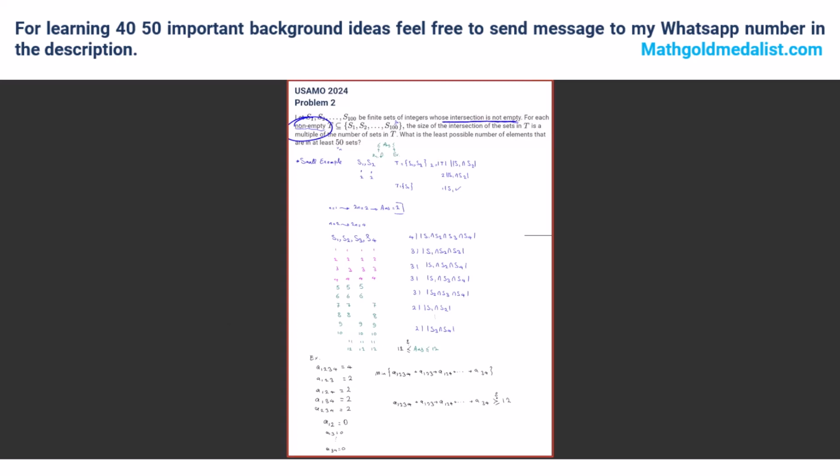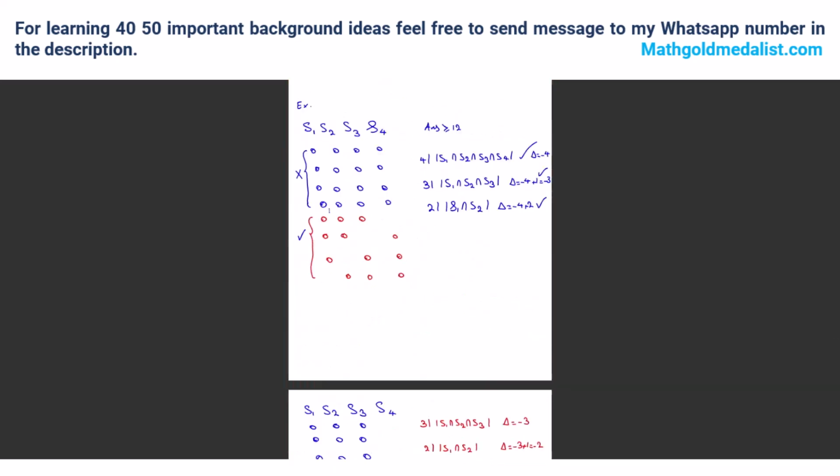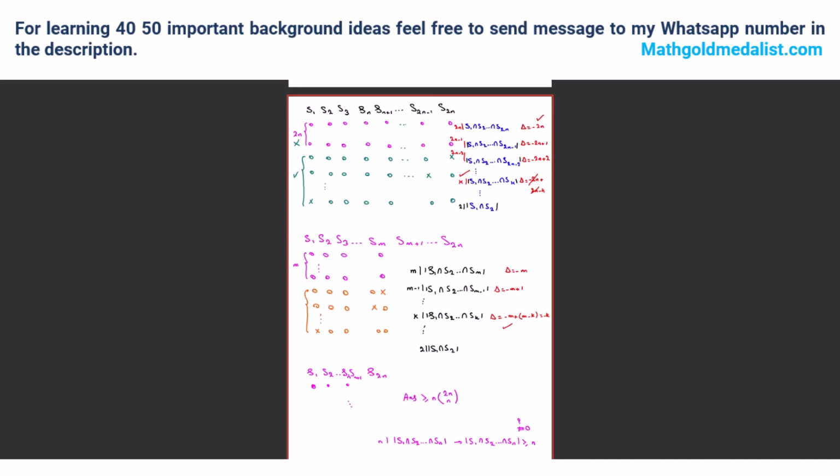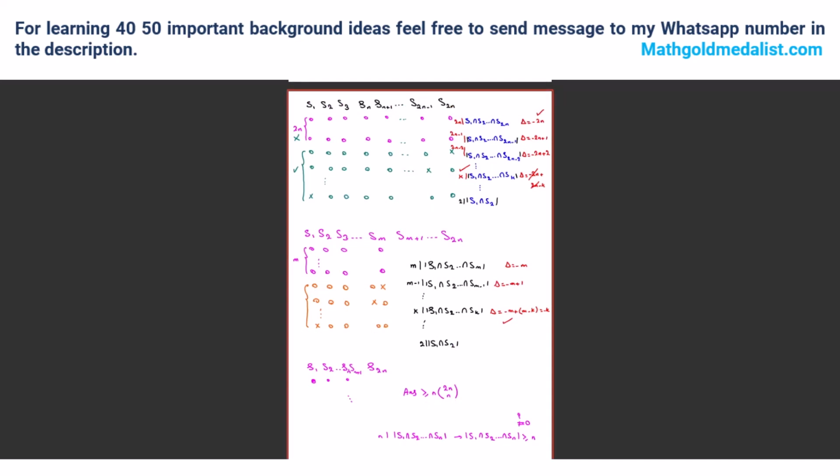It says whose intersection is non-empty, this part. So we know S1 to S2n is not 0, right? It's not a null set. So now we want to prove why it is not 0. So in the beginning, S1 intersect to S2n is not a null set. So try to prove why it's not 0, okay?